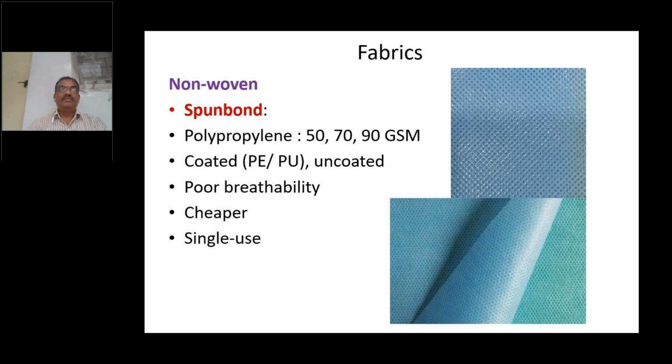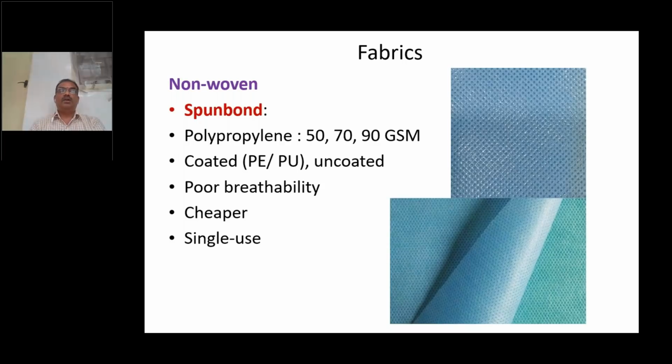Now coming to the fabric, this is a very interesting part. To begin with, the PPE coveralls are made with a spunbond non-woven fabric made out of polypropylene, because polypropylene is comparatively a low-density fiber, so you get a better thickness and the cost is also lower.